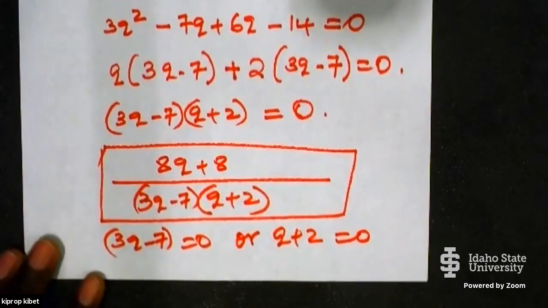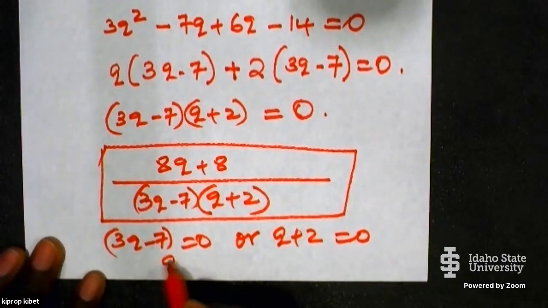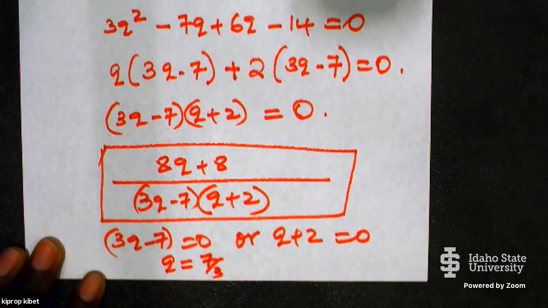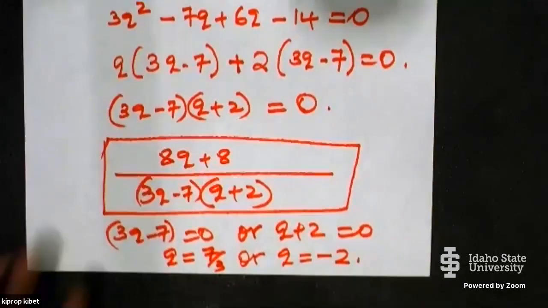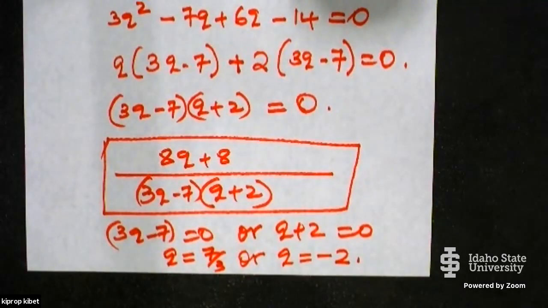Equals to 0. So for this expression to be undefined, then q should be equal to what? It's 7 over 3, or q equals to minus 2. Are we together there? Am I going very fast?